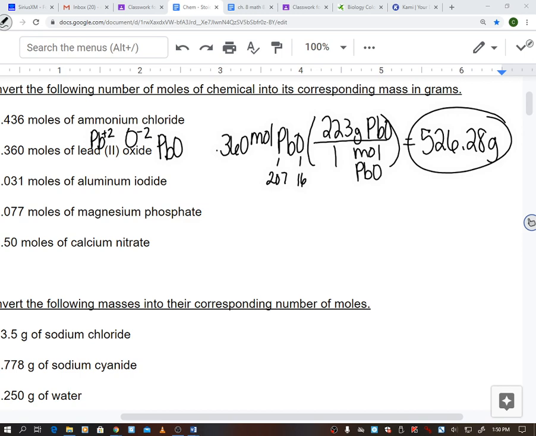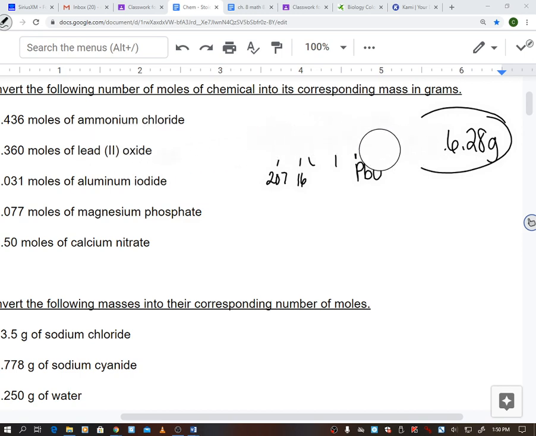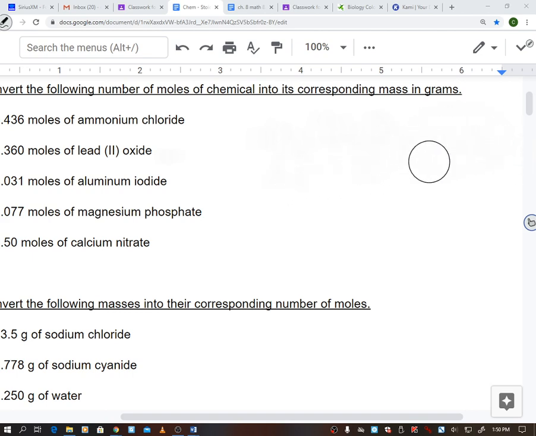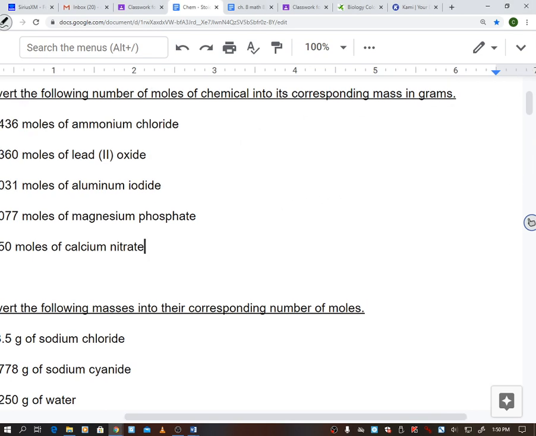All right. So let's do the third one here. I have aluminum iodide. So I'm going to kind of walk you guys through this. We have aluminum, and I have iodine. So if you guys can figure out what the charges are of aluminum and iodine, we can then see, what's the formula for aluminum iodide?